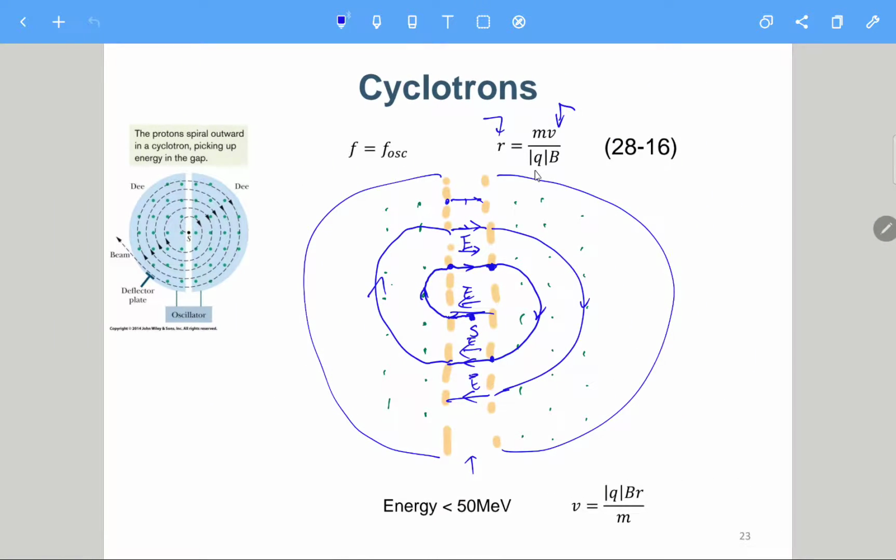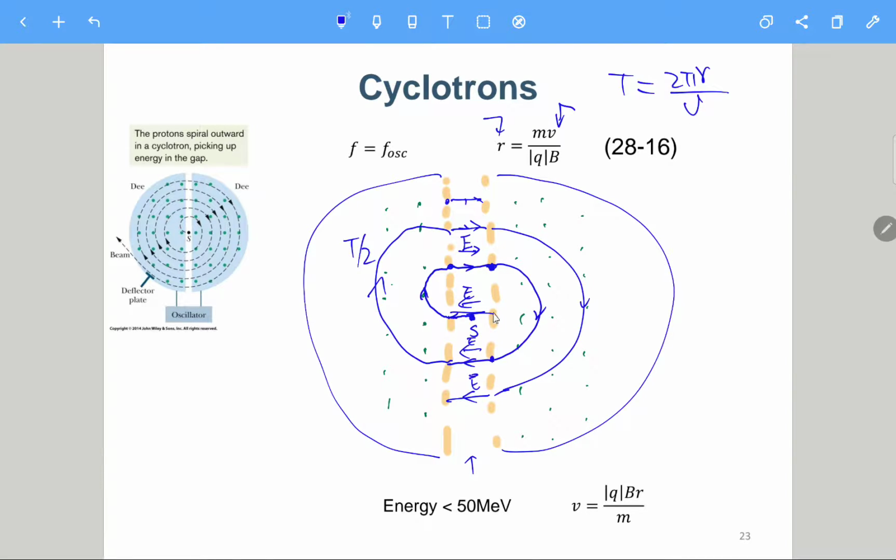because the T will be 2 pi r over V. And we have V here. So V and V will cancel. So actually, the period for the circular motion, it takes half of the period to go for half a circle.